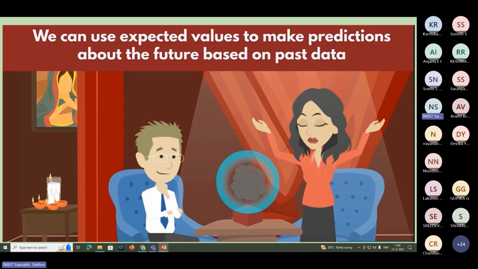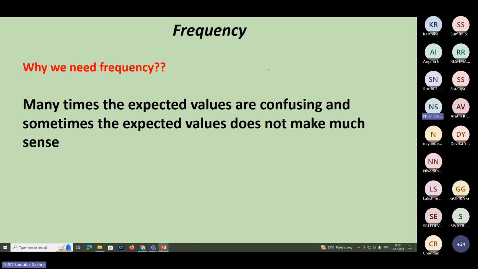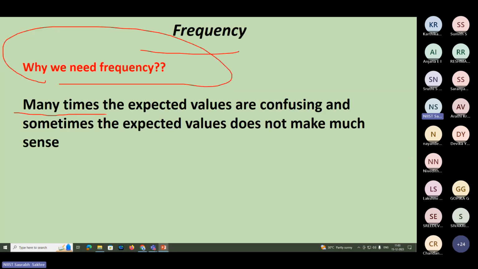I have already told you we can use expected values to make predictions about the future based on past data. In those cases, many times we require frequency. Why do we need frequency? This you will not get in a book. This is my experience only, sharing with you, so listen properly.